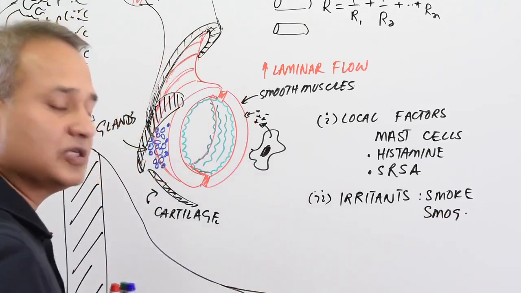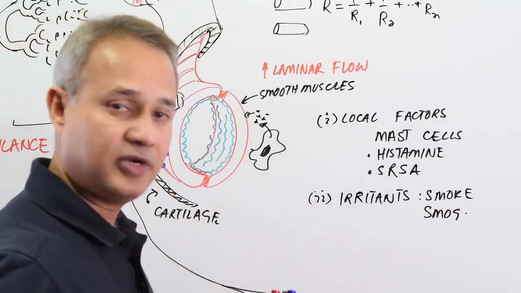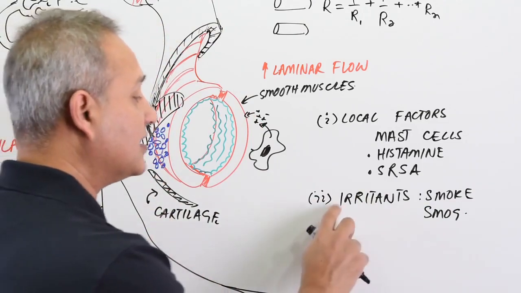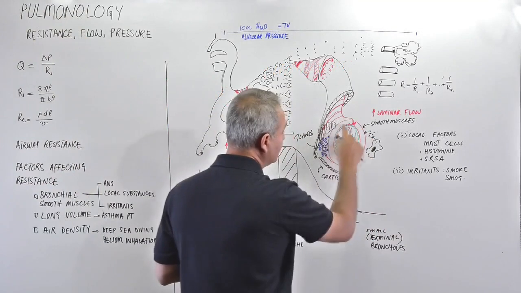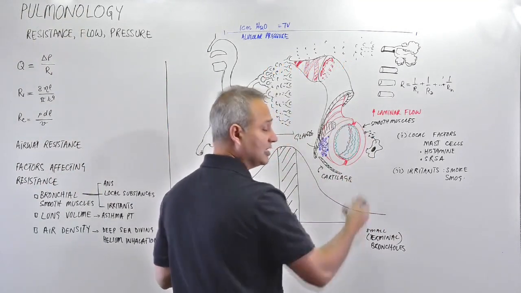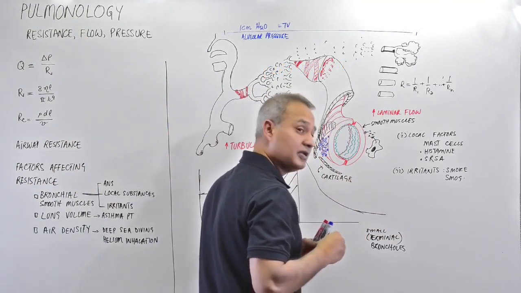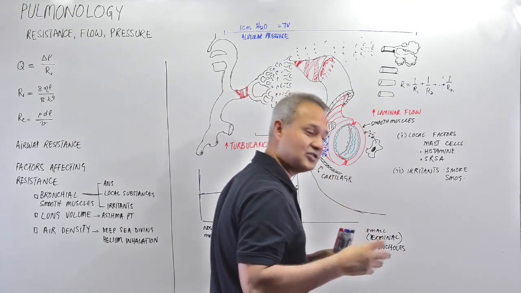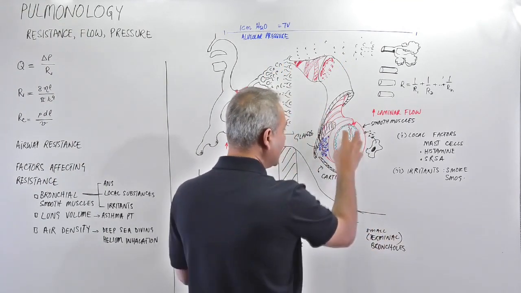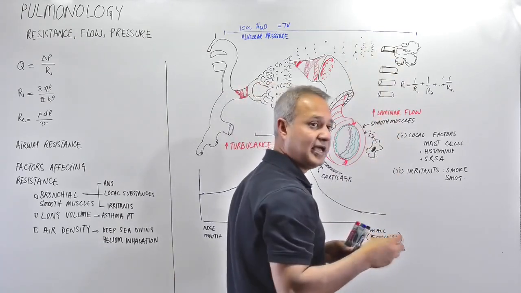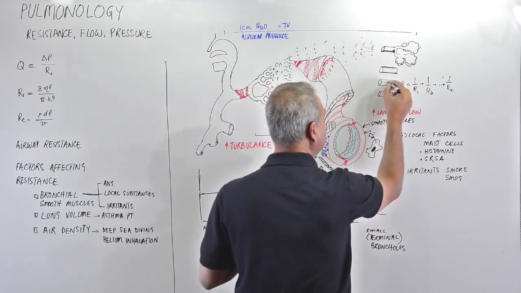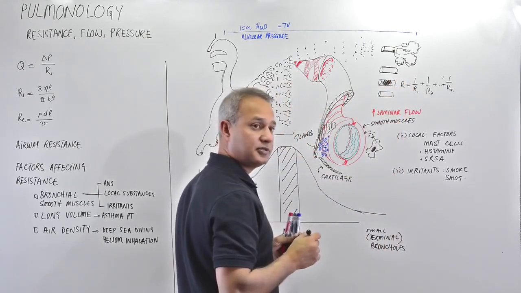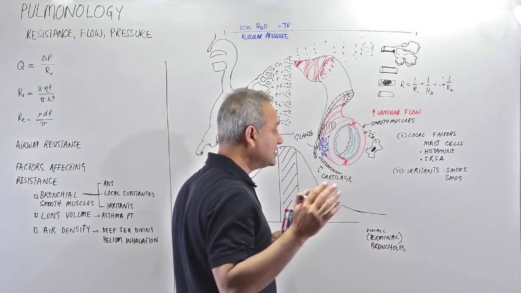Then other substances present in the environment, for example asbestos, can come in and irritate, and the result of irritation is, number one, release of inflammatory substances, and number two, release of mucus and other secretions to remove the irritation, and that would start plugging the system. When the pipes are plugged, it is difficult for the air to move and resistance would go up, right? So that is the irritants.